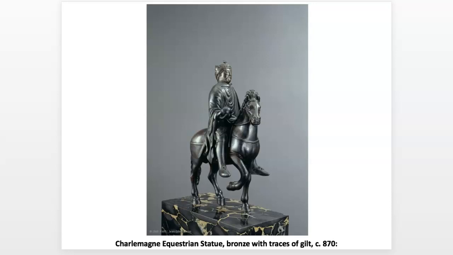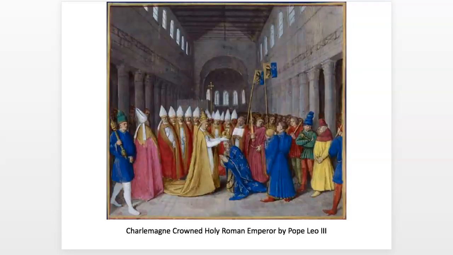He was crowned Holy Roman Emperor by Pope Leo III, and he was an emperor to them in their parlance and their ideas, like the Roman emperor, but a holy one. So we're talking about a Christian empire here.